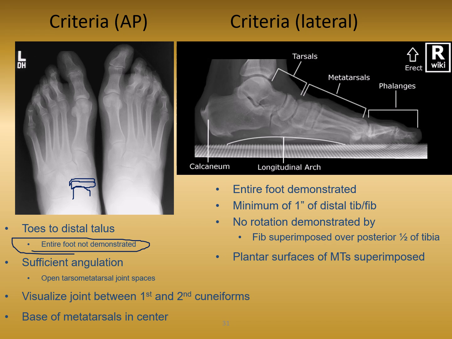And for rotational problems, usually you wouldn't have much of a rotation problem with a weight bearing because they're going to stand flat on their feet the way that they naturally stand. But we'll want to be able to see the joint spaces to identify that we remember to angle the tube. So tube angulation is all about those open joint spaces.